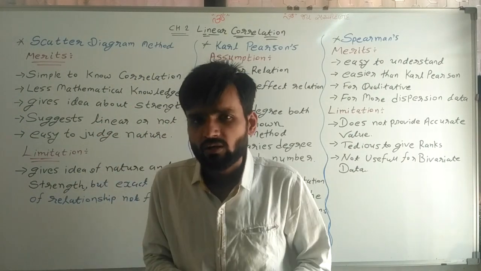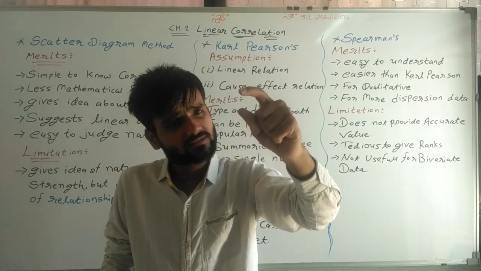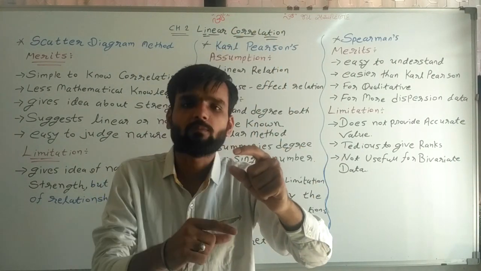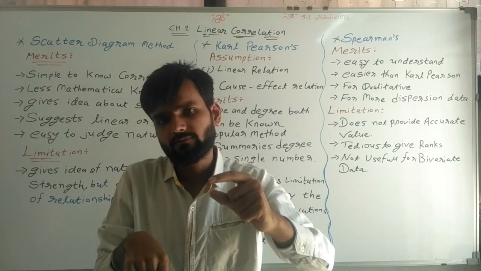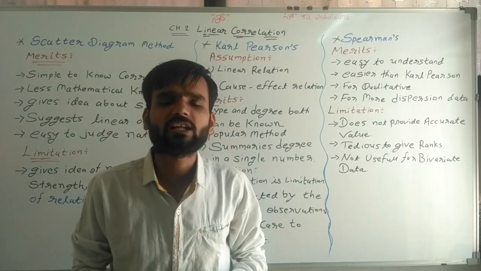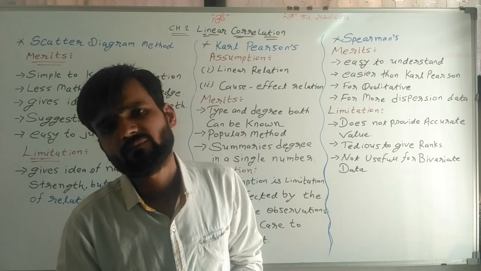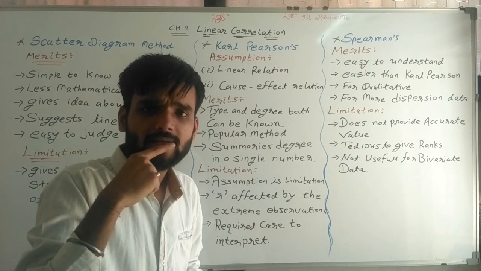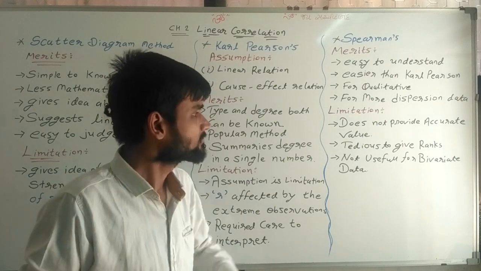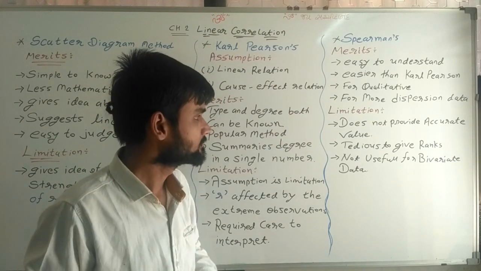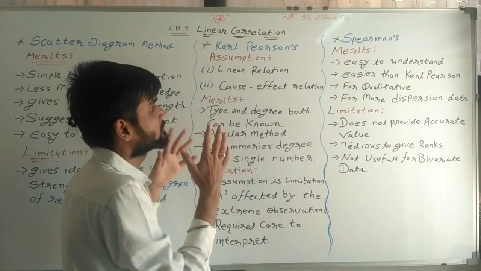Just think, if students get 100 marks, 98 marks, 97 marks and then 1 mark, we give first, second, third and fourth rank. The 1-mark student is actually a failed student, and if so, how can we give rank? So at that time accurate data is not available, so it does not provide accurate value as Karl Pearson.